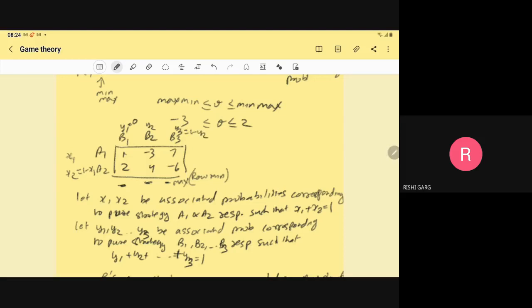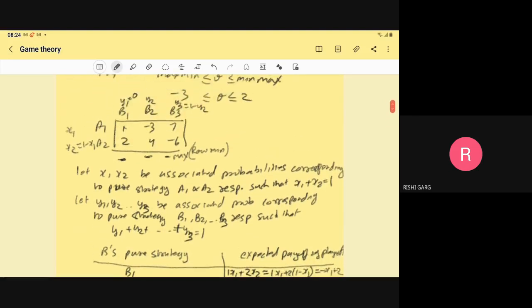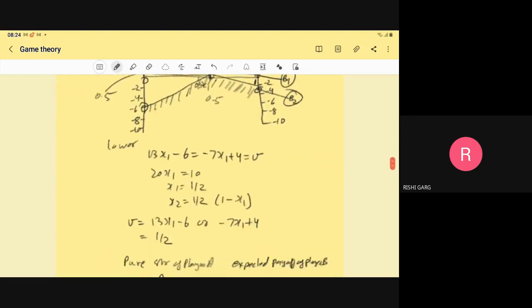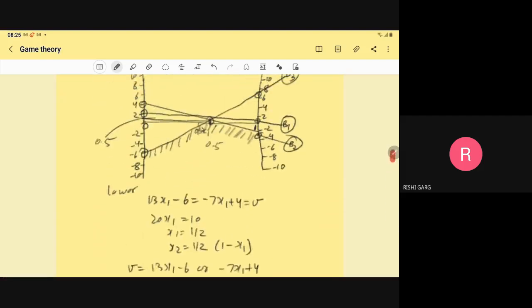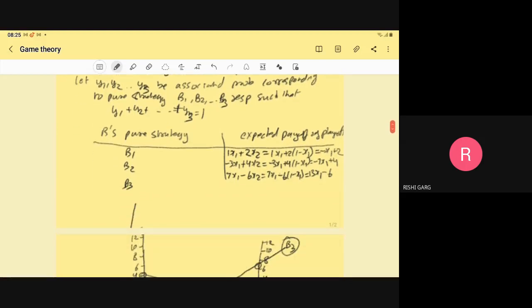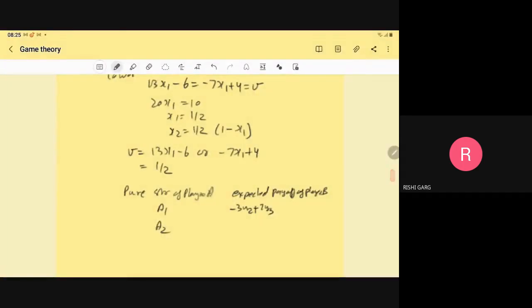For A's pure strategy, B's expected payoff will become, because here we have minus 3, 7, 4, minus 6, it will become minus 3y2 plus 7y3, and 4y2 minus 6y3. This will be the expected payoff.